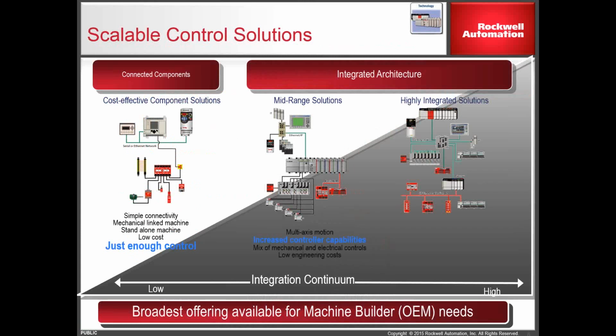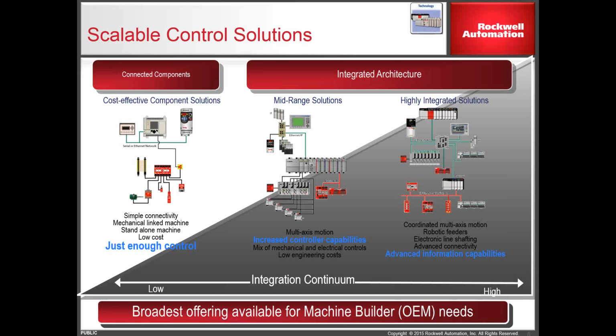As I said, today machine builders are getting into a space where the same machine builder is manufacturing a standalone machine, and the same OEM is manufacturing large complex machines as well, right? So machine builders are not only manufacturing small machines.